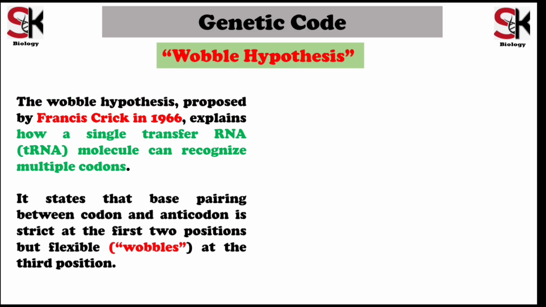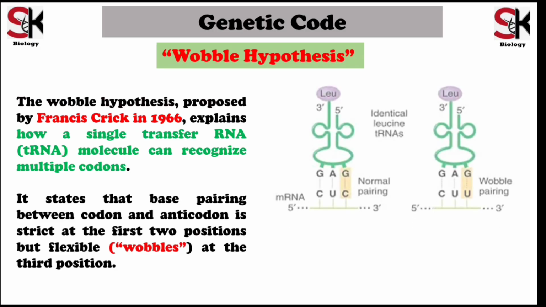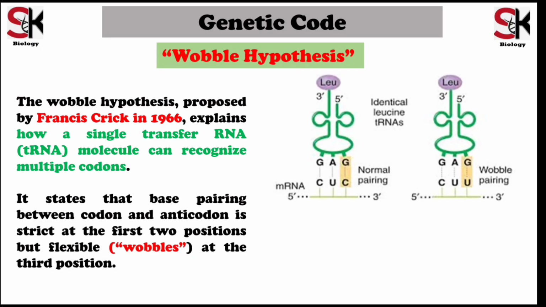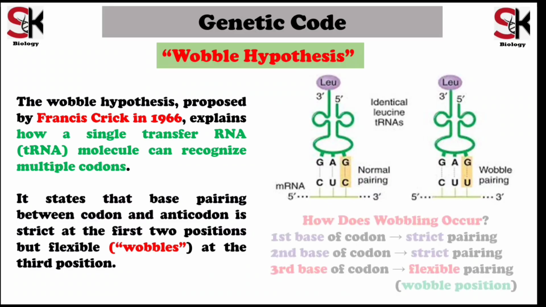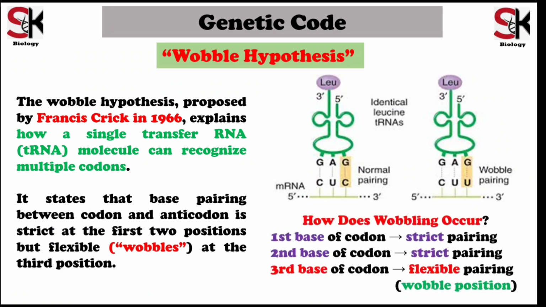Let us understand the Wobble hypothesis with an example. Here, the tRNA for leucine has anticodon GAG. It can pair with codon CUC as well as CUU, the synonymous codons of leucine. The first two nucleotides in both codons are CU, but the third nucleotide is changed.